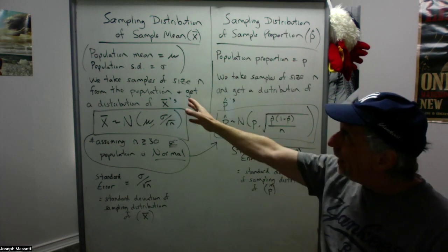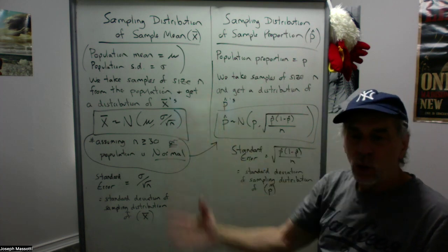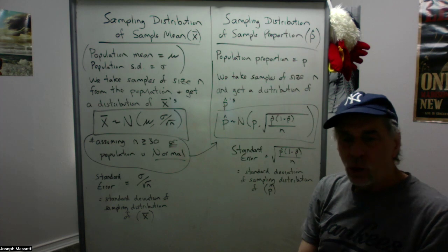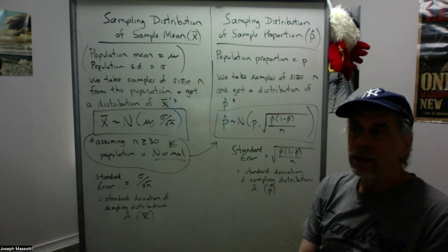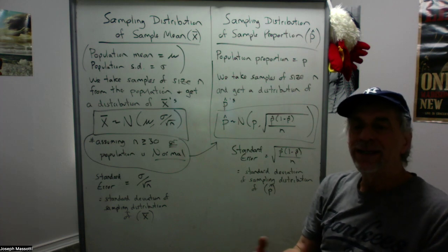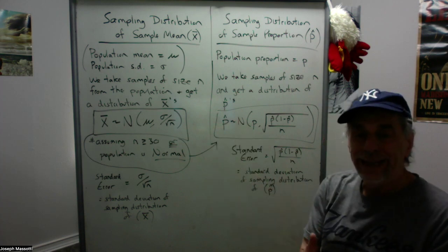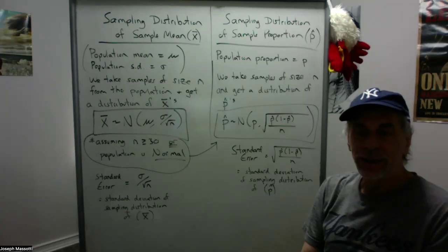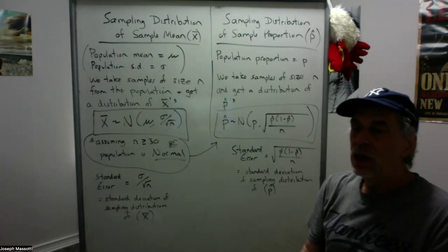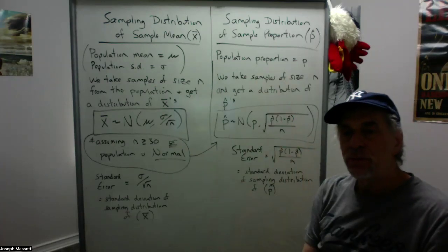So like a sample mean, say test scores, any kind of quantitative variable that we're interested in, we are going to take samples and look at the means, those sample means, and get distributions of means, and then study that distribution to answer probability questions. We're also interested in questions concerning proportions.